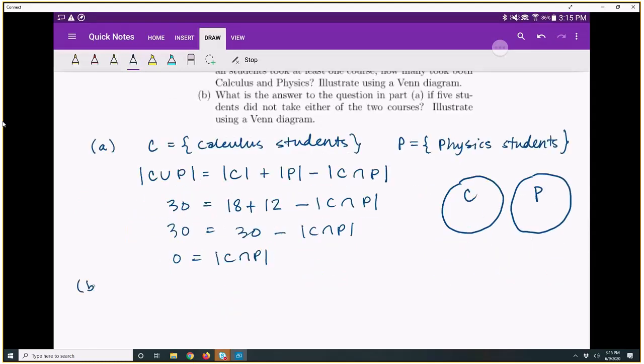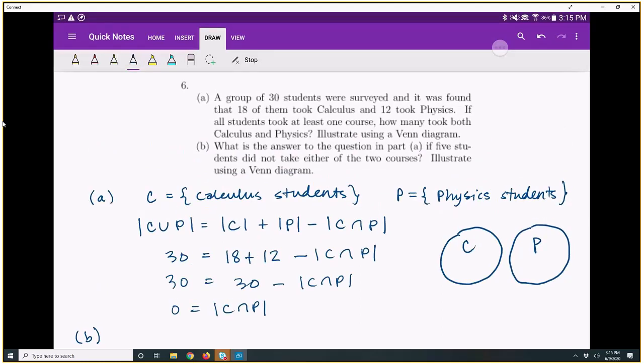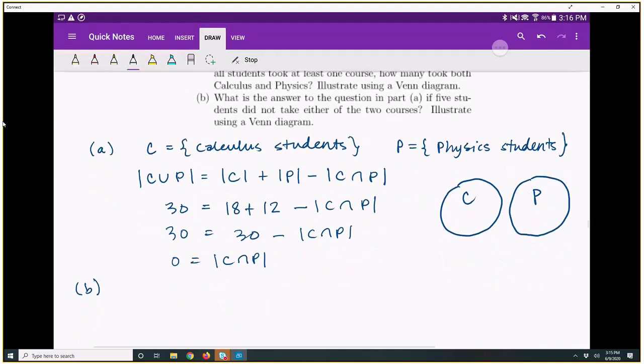Then in part B it says, what is the answer to the question if 5 students did not take either of the 2 courses? So if we go back up and look, we knew that all students took at least one course, and that's how we knew that the union would be 30. So if 5 students did not take either of the 2, then our union should be all of the students surveyed minus 5, so 25.